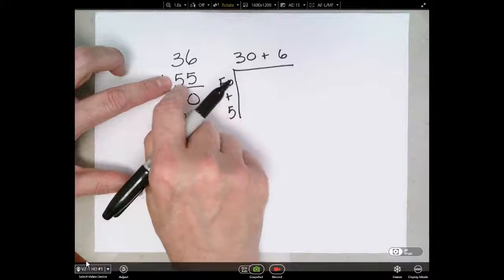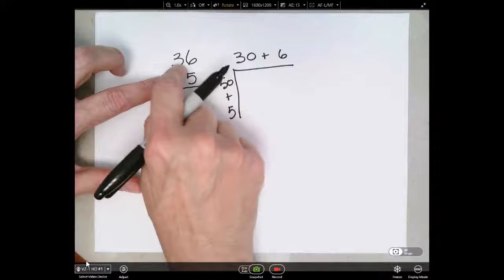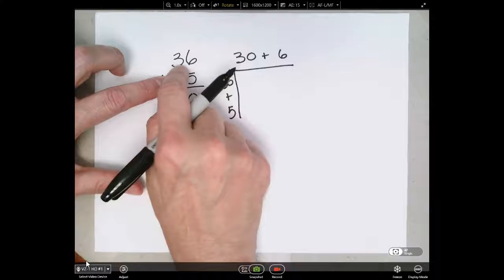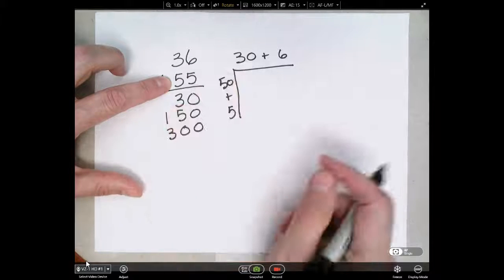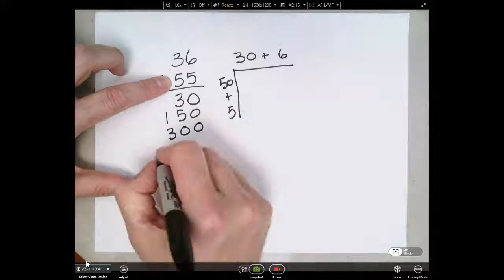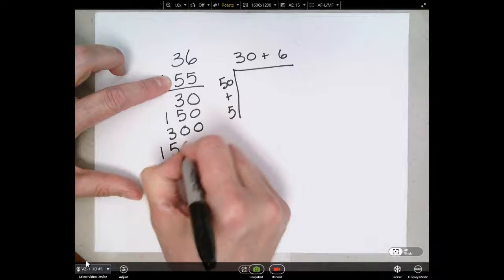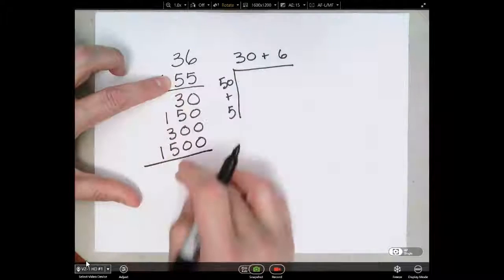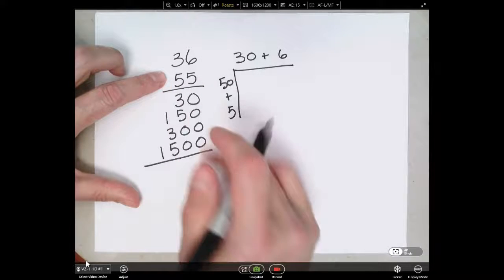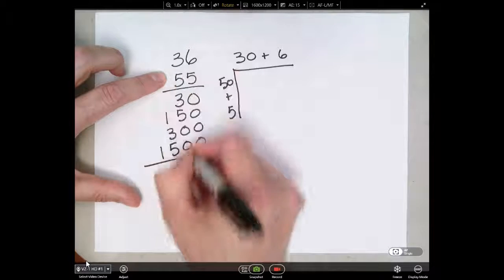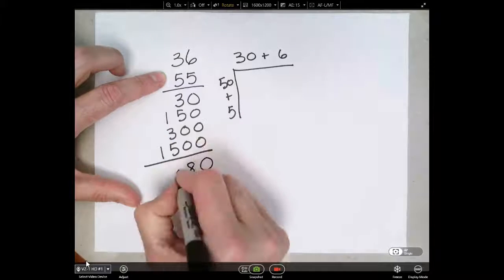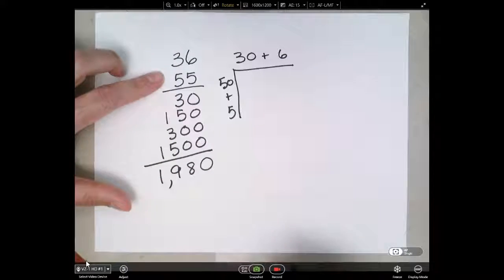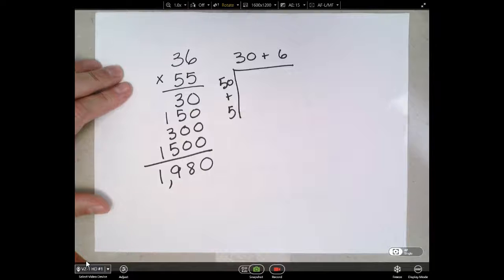And here we're multiplying 5 tens times 3 tens. 5 times 3 is 15, but since they're both in the tens place, we would add another 2 zeros to that, and we get 1500. And then when we add all these numbers together, we get the total value here. Okay, so there's 8, there's 9, so it looks like our answer is 1,980.